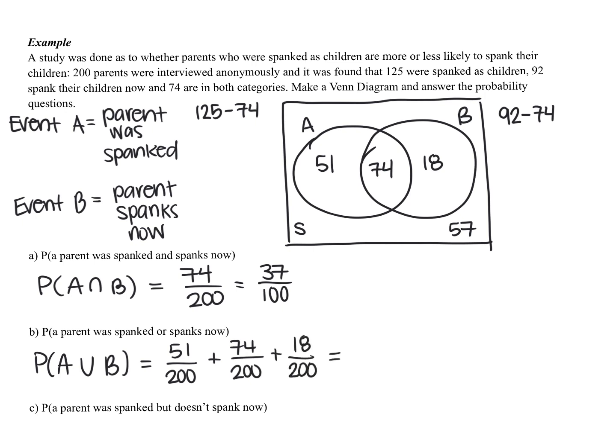That accounts for everyone who was spanked or spanks now, which gives me 143 over 200. Another way to think of this is if a parent was spanked or spanks now, I'm basically saying everyone except the neither. So my other option here was to do 1 minus the 57 over 200.